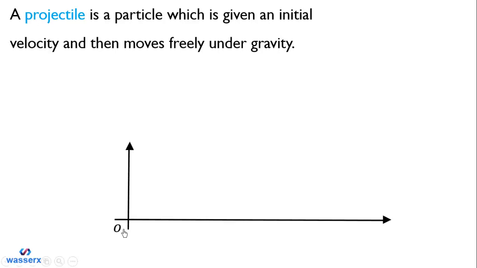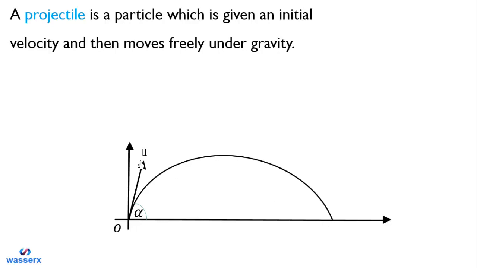So let's say we have our axis here, the horizontal and the vertical axis, and we project a particle with an initial velocity which is u, and at an angle of alpha with the horizontal. Then the object is going to travel along a parabolic path.